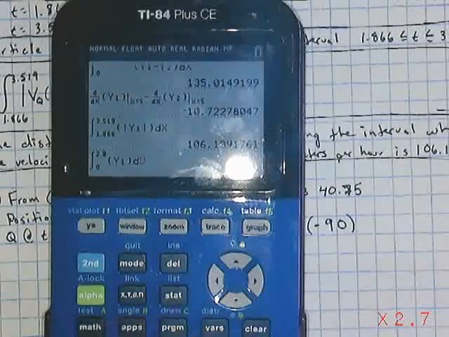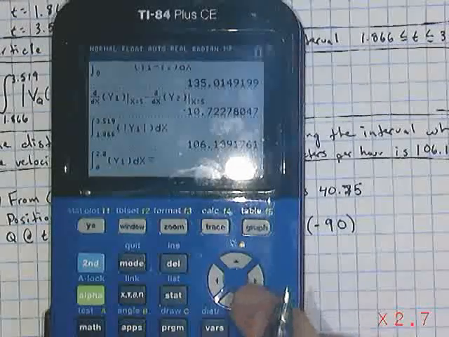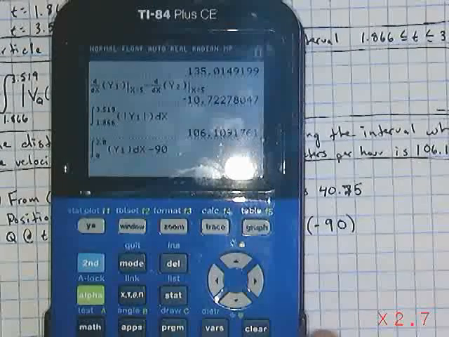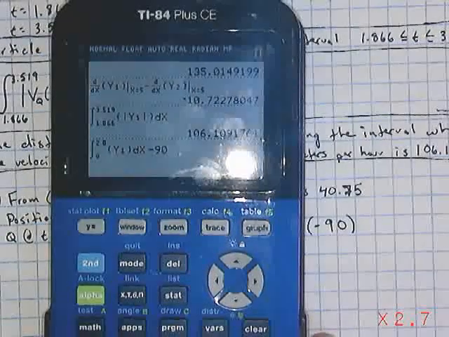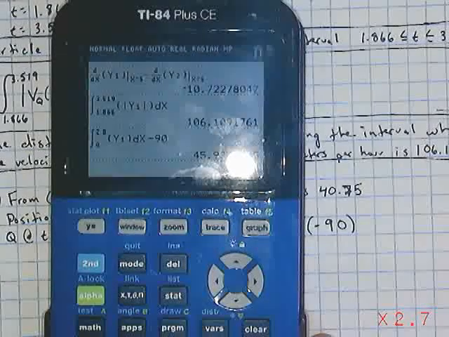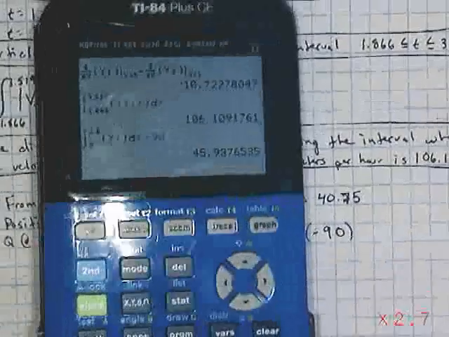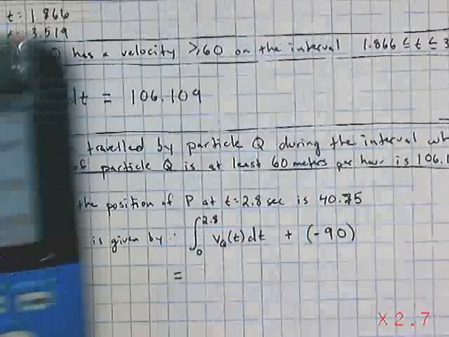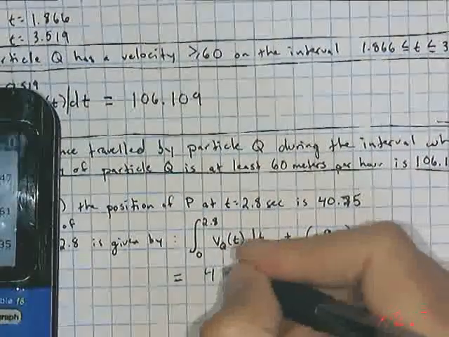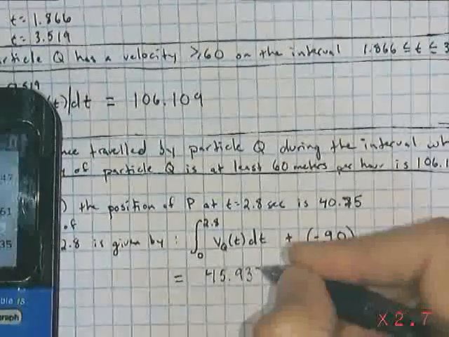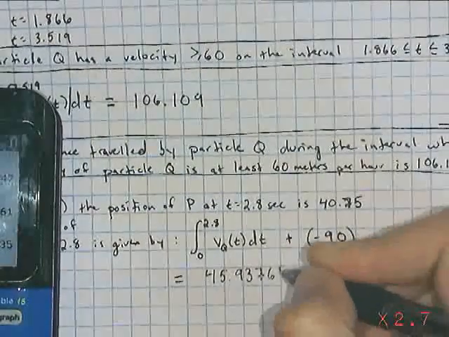And then whatever this position is, we need to subtract 90. That's our starting position. And it comes out to 45.938, let's call it. Let's go a little farther: 45.93765.